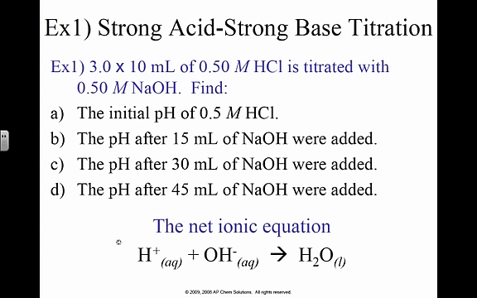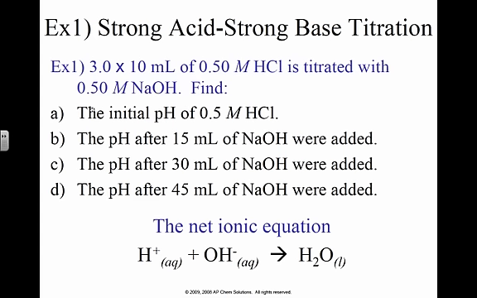And what we're going to do is ice charts. The only difference is when we're doing acid-base titration ice charts, everything is not going to be in molarity, it's going to be in moles. So here's the scenario. 30 mL of 0.5 molar strong acid is titrated with 0.5 molar strong base.